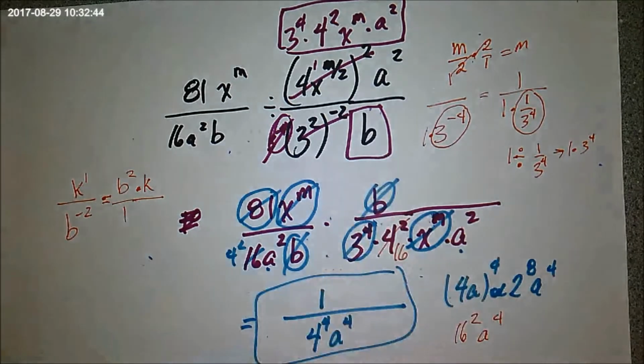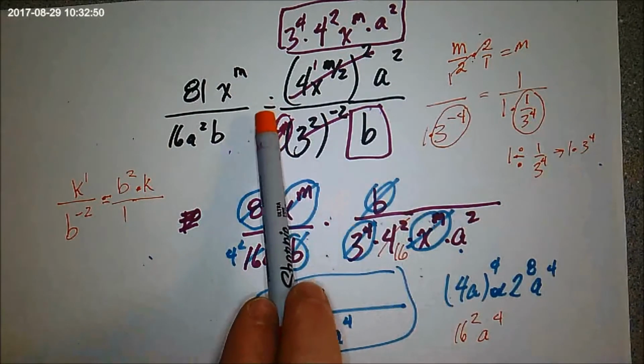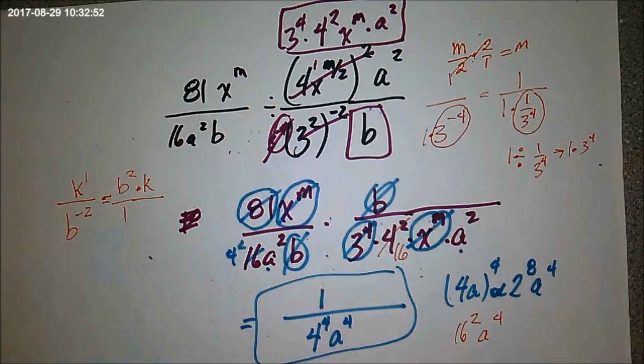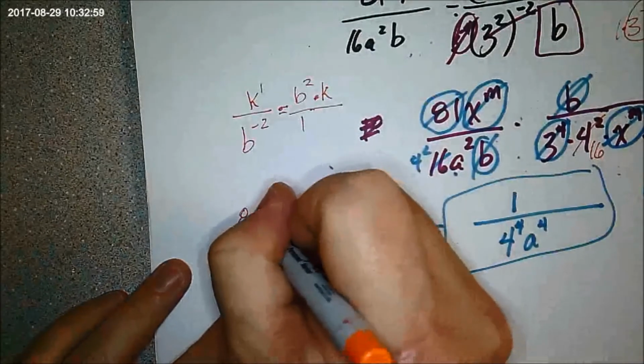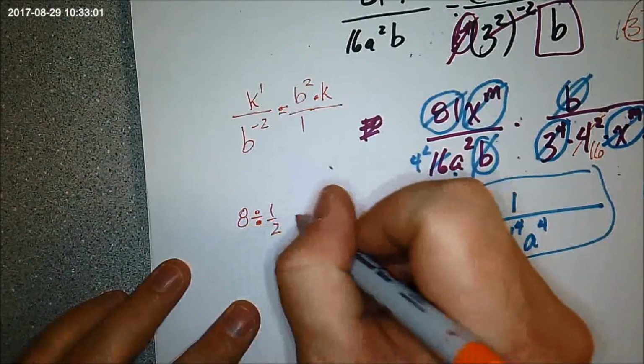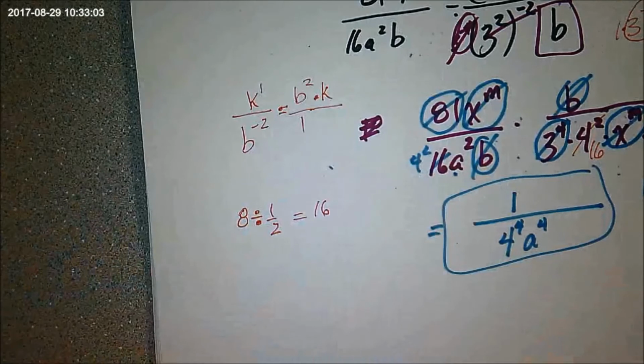When you put B in the numerator, the reason the B goes to the numerator is because you're dividing. Division is multiplication of the reciprocal. You just take the reciprocal of the thing you're dividing with. Like, look. 8 divided by 1/2 is 16.